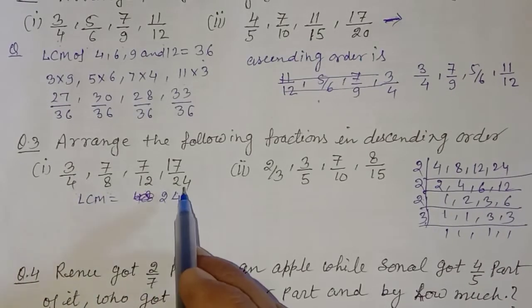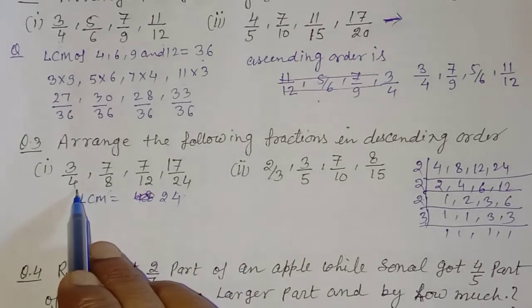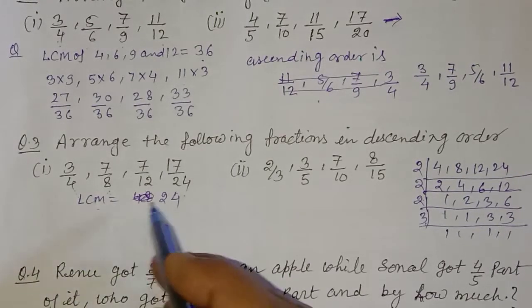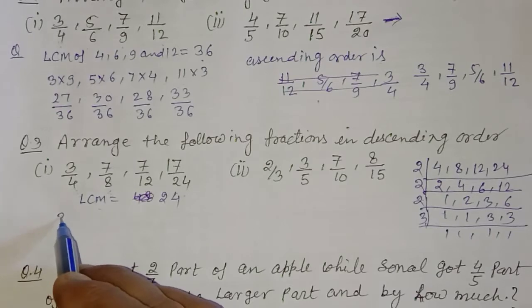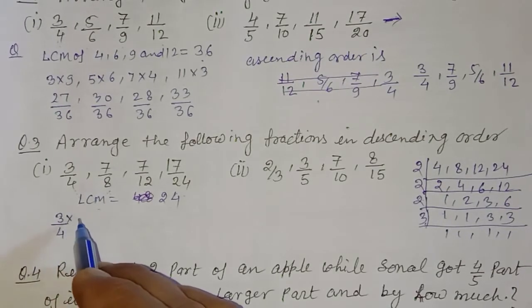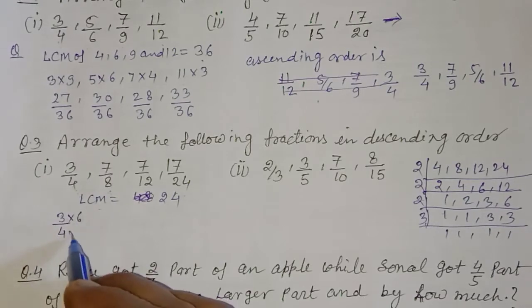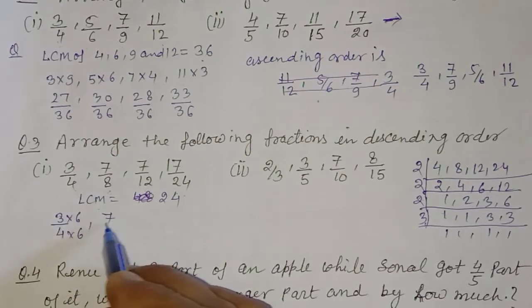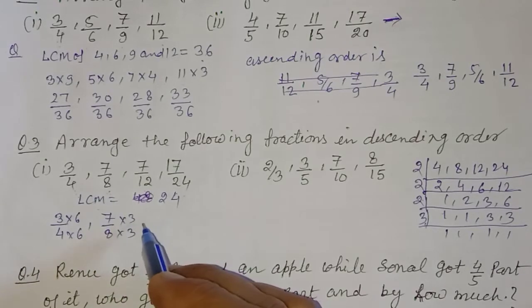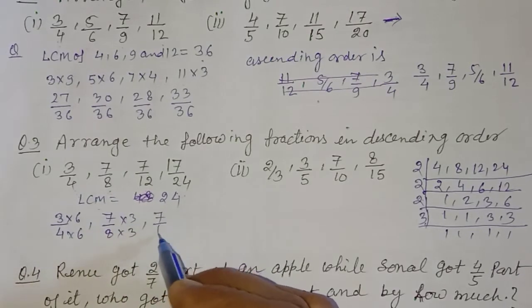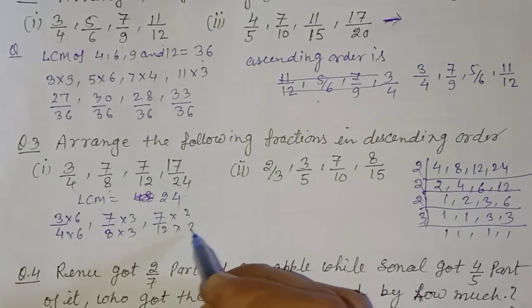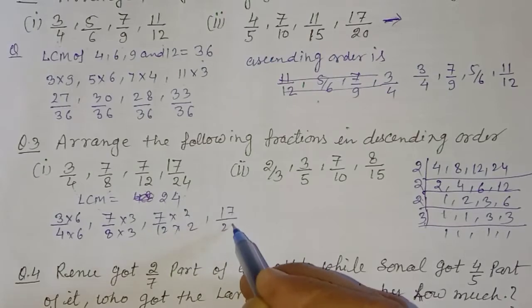Because 24 is divisible by 12, 8 and 4. So students, LCM is equal to 24. So now we will solve. 3 upon 4 multiplied by 6, 7 upon 8 multiplied by 3 in numerator and denominator, 7 upon 12 multiplied by 2, and 17 upon 24.